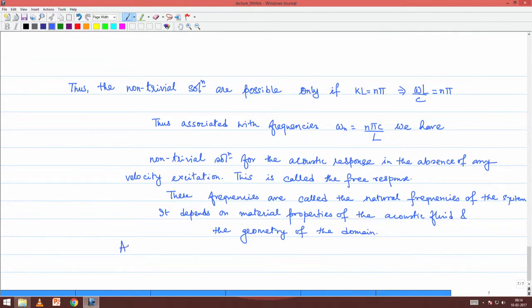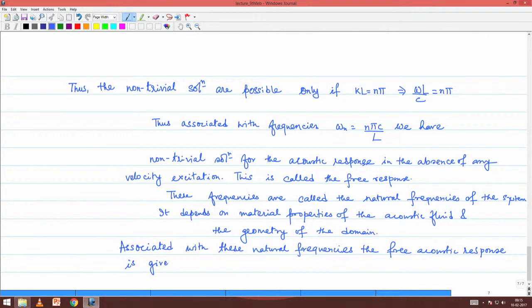So, associated with these natural frequencies, the free acoustic response is given by P of x equals B sin kx, or in other words, k can be written as omega by c, so sin of omega by c times x.